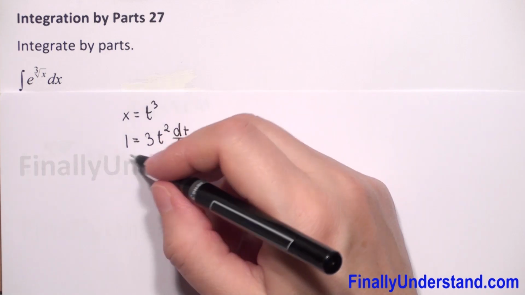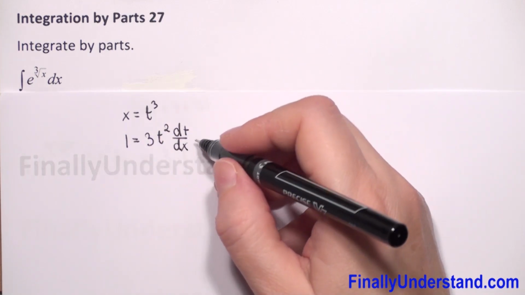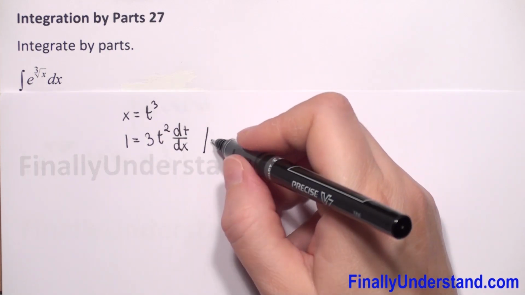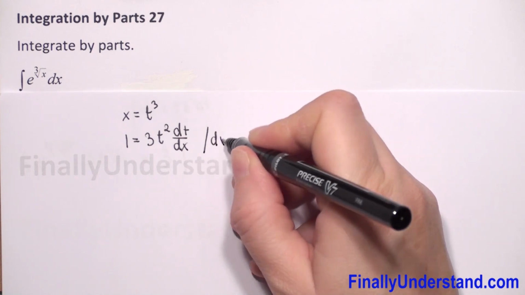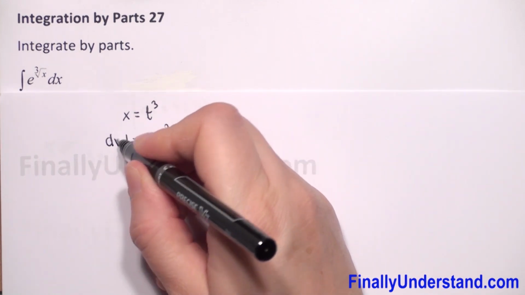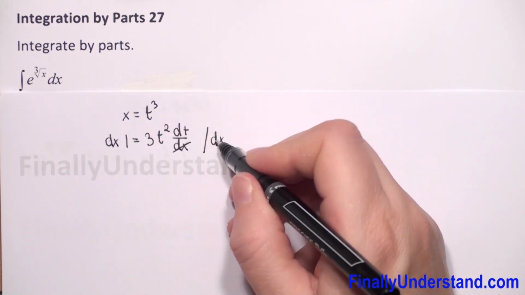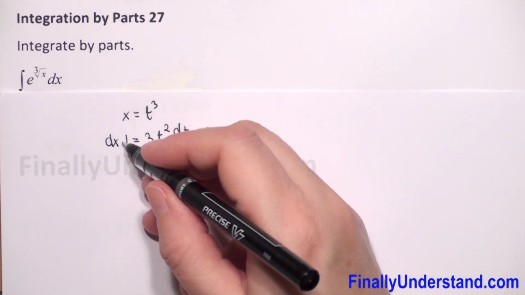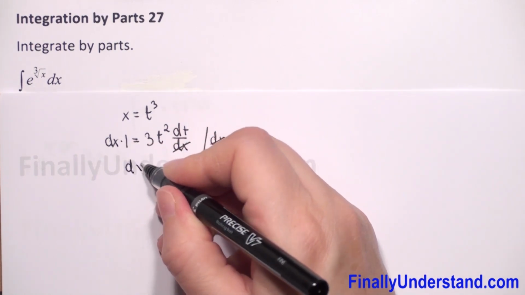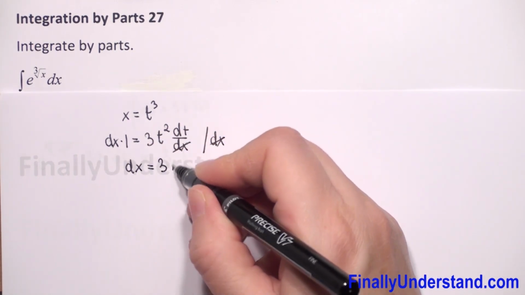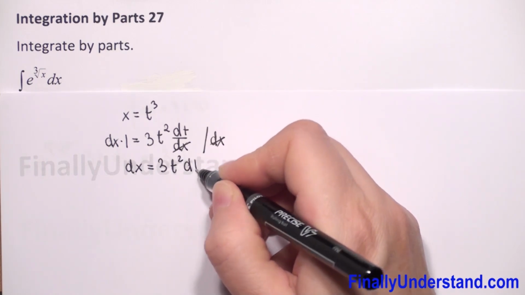Now we have to multiply both sides by dx. We can reduce the denominator and we have that dx is equal to 3t square dt.